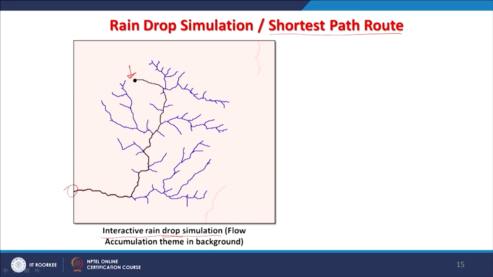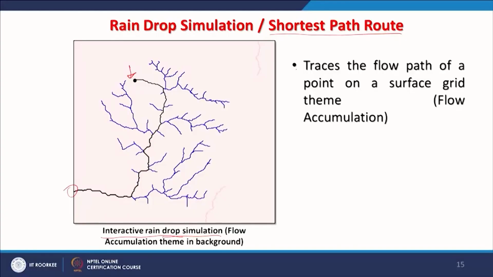Its major use is in point source pollution studies, and also in estimating groundwater recharge and other things, to see which stream it will take, and of course the time and length can then be measured, because all the data is here itself. So, once you know the velocity, the time can also be found. So, the traces. What is basically raindrop simulation?